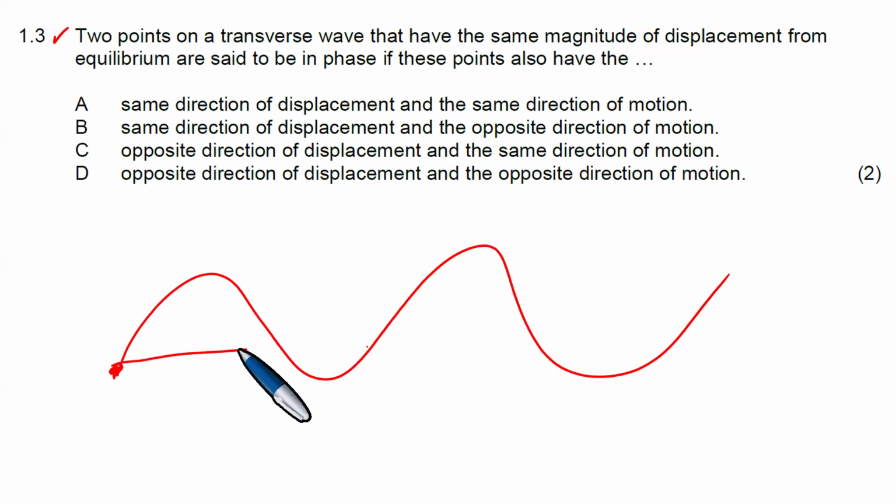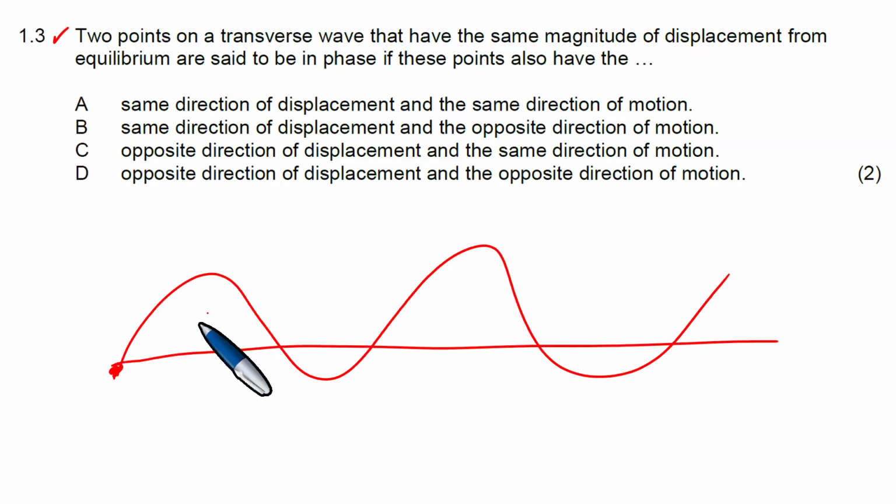And if you do this, and if here are 2 points, right? And obviously, if we say these points might be here, you have the same distance here and the same distance there. And you are saying 2 points on a transverse wave that have the same magnitude of displacement from equilibrium.